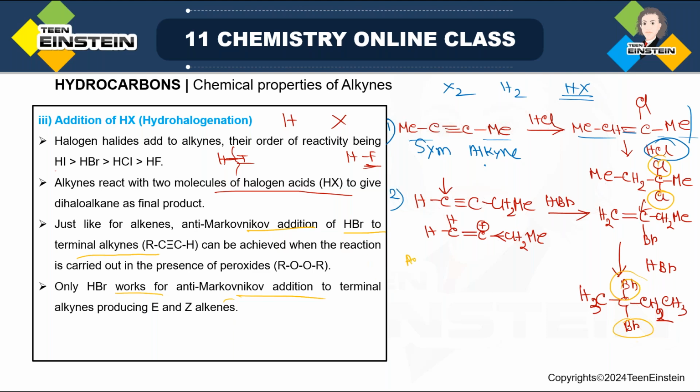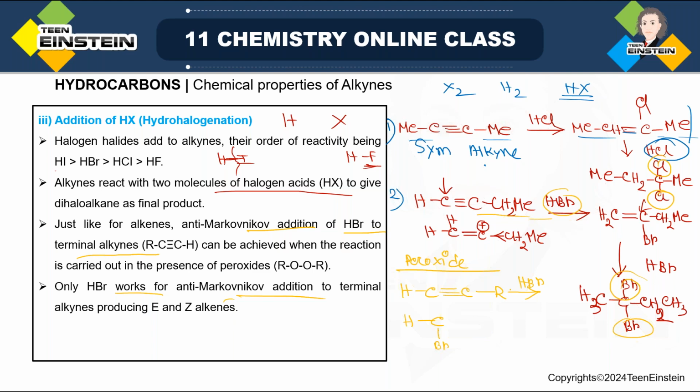So suppose you are doing the reaction in presence of some peroxide, and in general, if you have taken any terminal alkyne like this, and you are adding HBr in presence of peroxide, look at the addition. Normally, when you have taken some unsymmetrical alkyne and you are adding HBr, the Br is added to that side where you have some R group, but now it will be opposite.